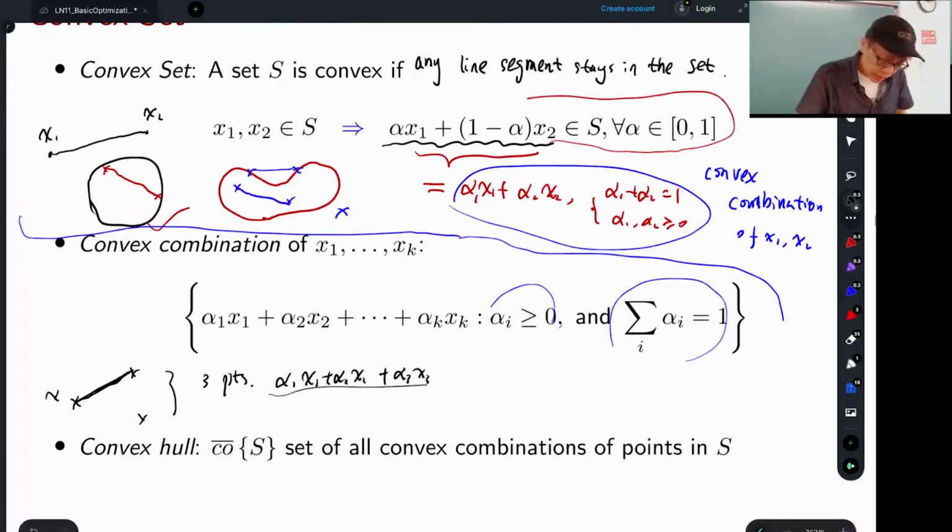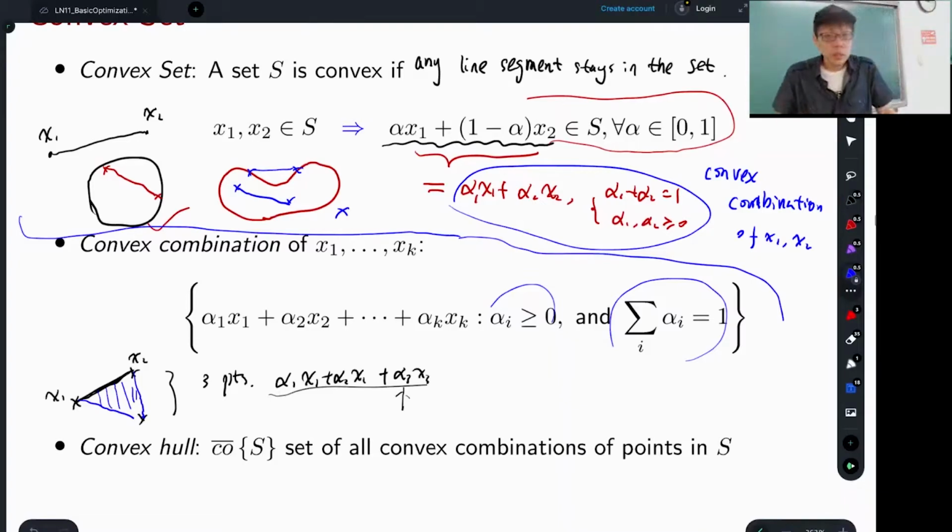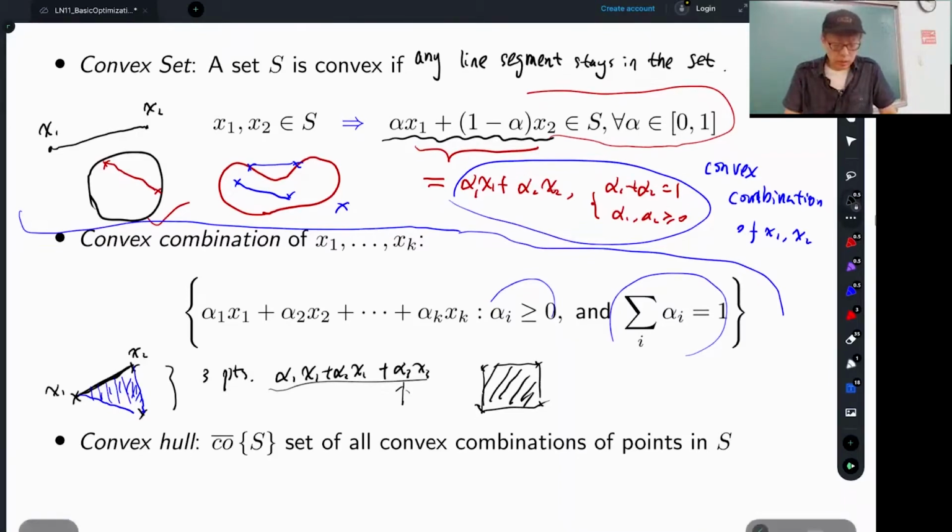So this line, let's call it x1, x2. In this case, alpha 3 is 0. These two are doing this interpolation. So we can have this, we can have this, and also all of this. All the convex combinations actually make up this entire triangle, the interior of the triangle. I hope you can argue that. If I have 4 points, that will be the whole thing. That's the entire thing.